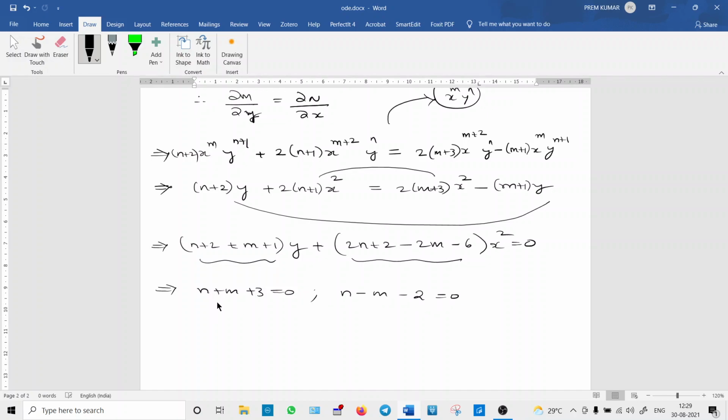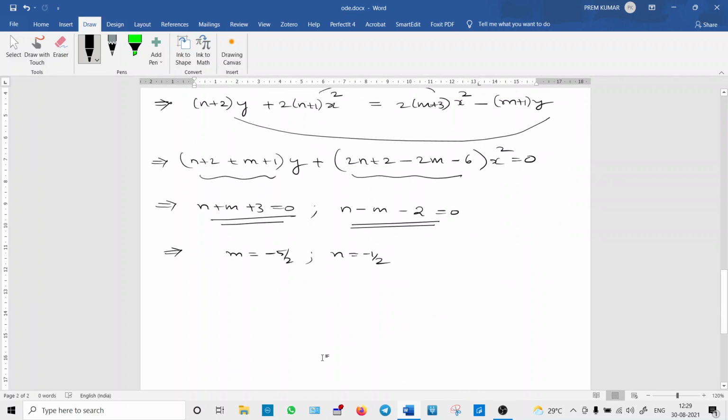So we got two equations, and solving these two equations, we get m equals minus 5 by 2 and n equals minus 1 by 2. You have to solve these two equations and we get this one. So this is the value of m and n.